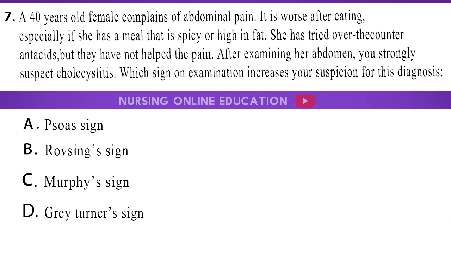A. Psoas sign. B. Rovsing sign. C. Murphy's sign. D. Grey-Turner's sign. The answer is option C, Murphy's sign.